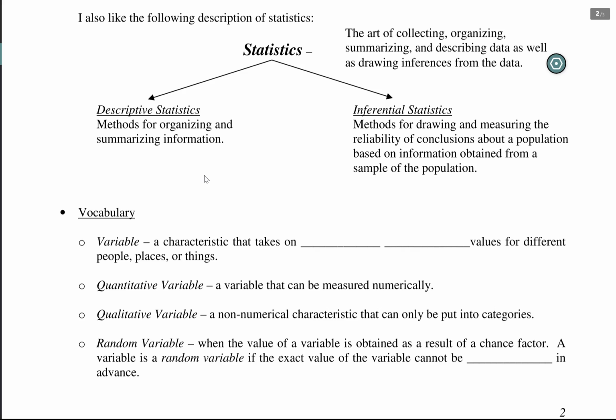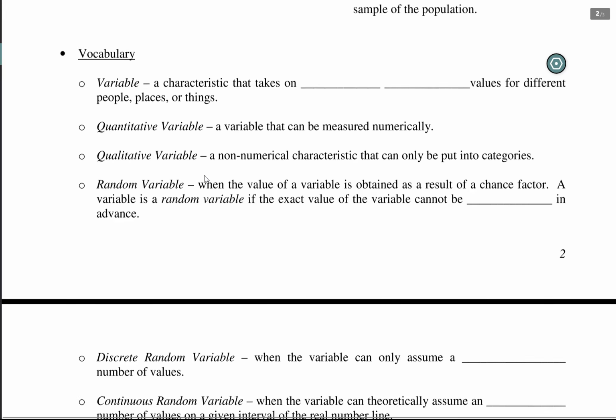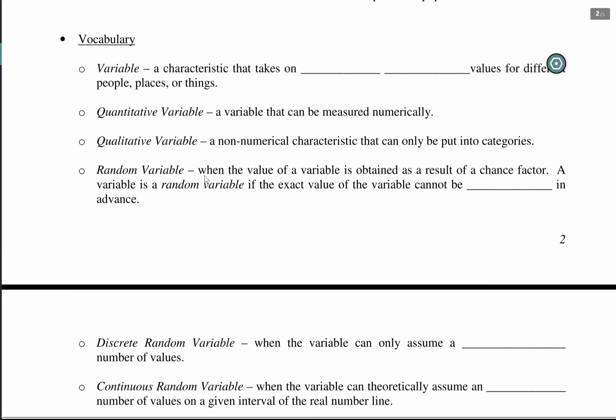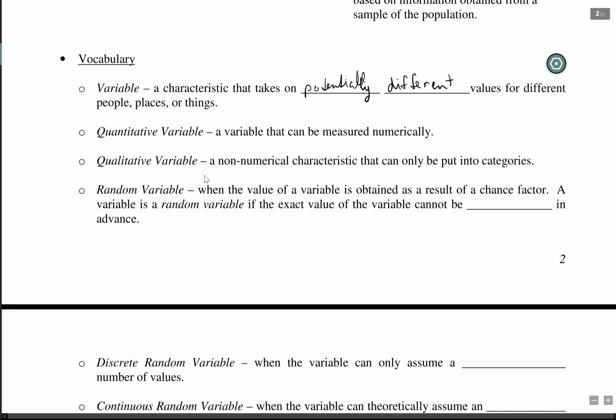Now, within descriptive statistics and inferential statistics, there are several important terms that we want to look at. First, this idea of a variable. A variable is simply a characteristic that takes on potentially different values for different people, places, or things.